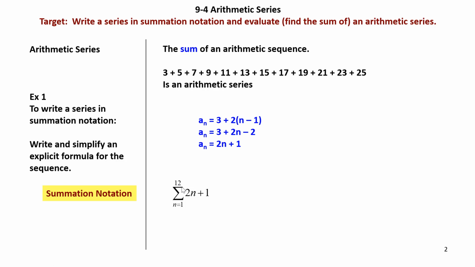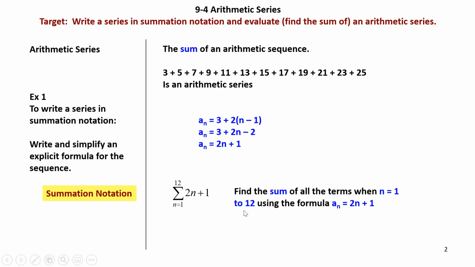So that's what the notation means. It basically means find the sum of all the terms when n is equal to 1 to 12 using this formula. So if I were to plug in 1 here, I would get the first term 3, the second one 5, 7, and then I could easily add all these up. Now we're going to come up with a shorter way to do that, but that's essentially what this is asking you to do. All right?